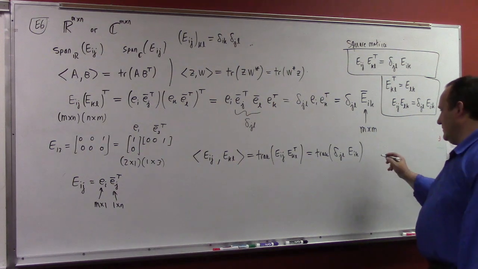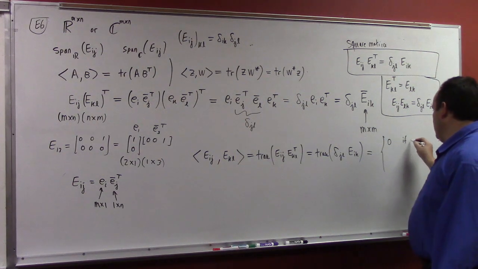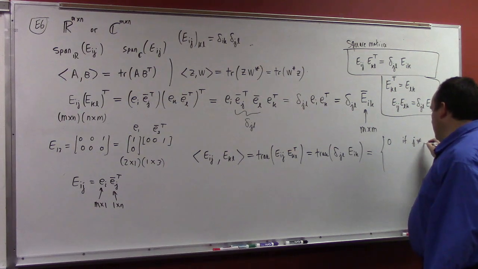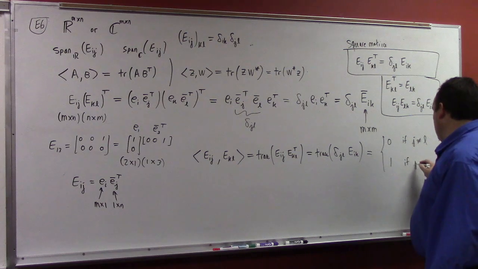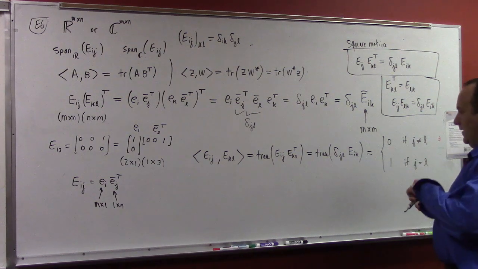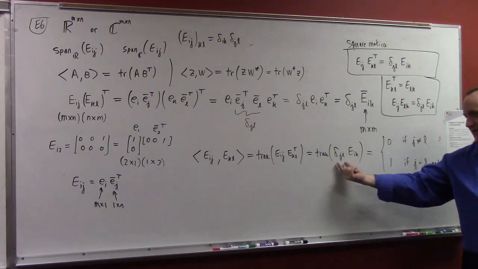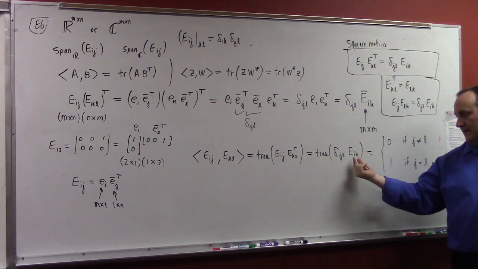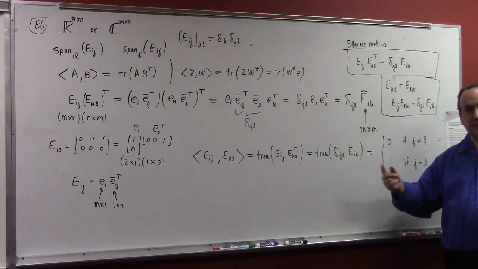Which is what? It's 0 if J is not equal to L, and it's 1 if J is equal to L. And it's more than that. J has to be equal to L to get that non-zero. And then in order for the trace of a matrix unit to be non-zero, the 1 has to be on the diagonal where we're summing, which is to say that I has to equal K.